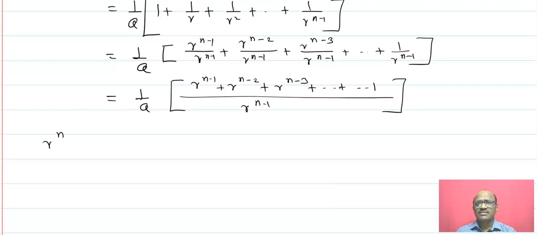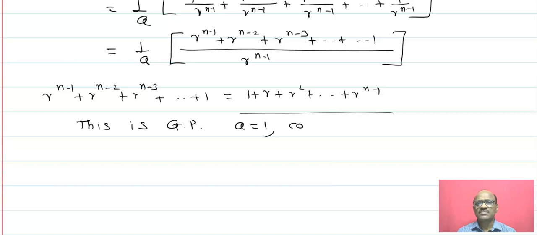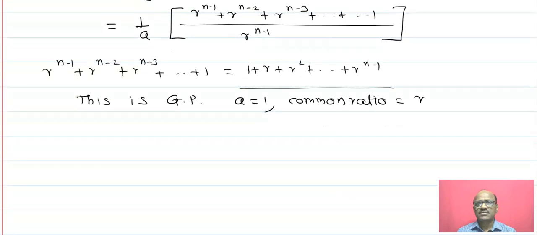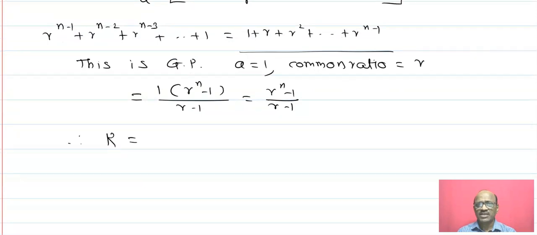Therefore, now see this: r raised to n minus 1 plus r raised to n minus 2 plus r raised to n minus 3 plus up to plus 1, which is written as 1 plus r plus r square plus up to r raised to n minus 1. This is a GP, a is equal to 1, common ratio is r. Therefore, the sum of n terms is r raised to n minus 1 upon r minus 1.